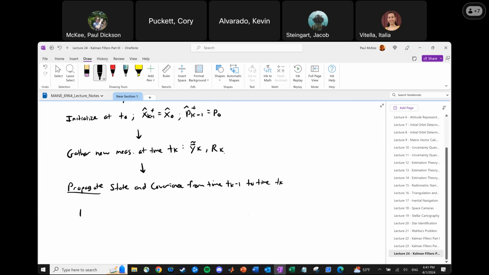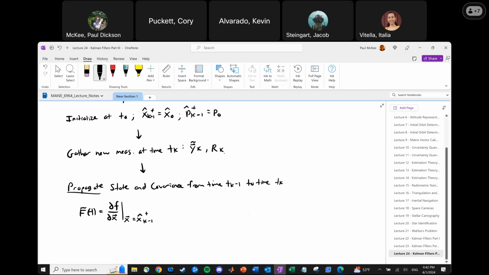First, F tilde of t is the derivative of f with respect to x evaluated at the state being our best guess, and I guess this would be k minus 1 plus.